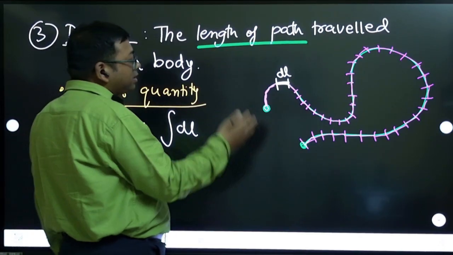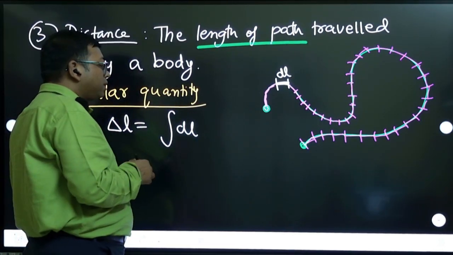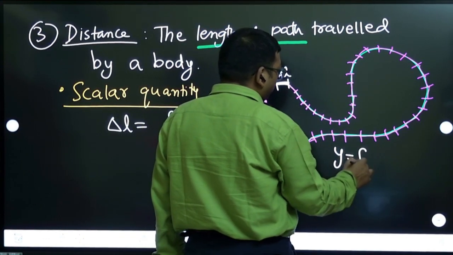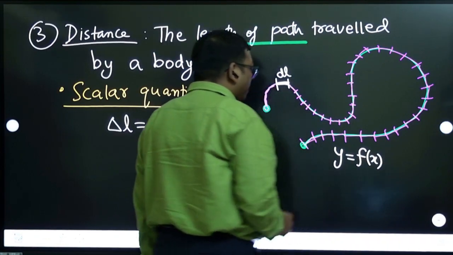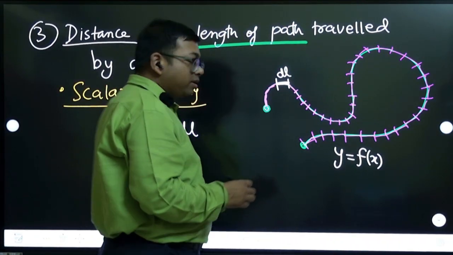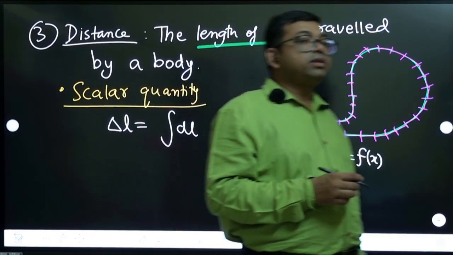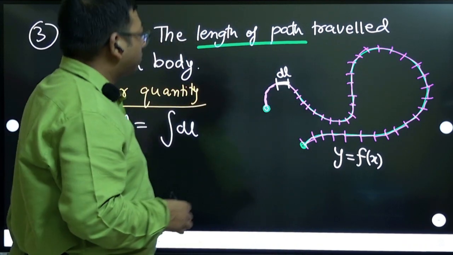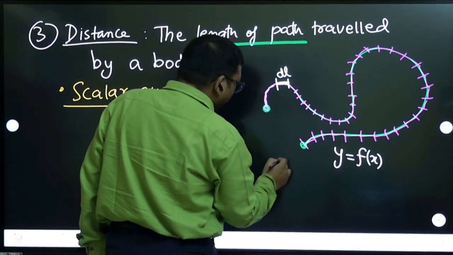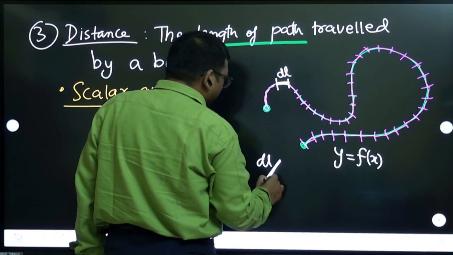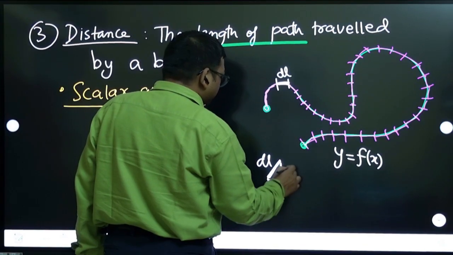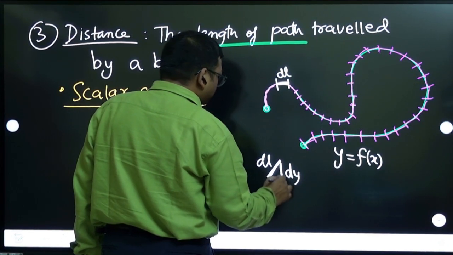So total length covered is integration of dL, and suppose this is a graph y equal to f of x. I think you must have some idea about integration and differentiation, right? Suppose I take this small length dL, and this is a small length dx and this is dy.